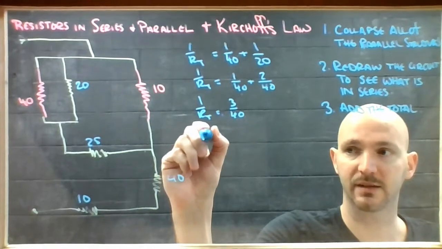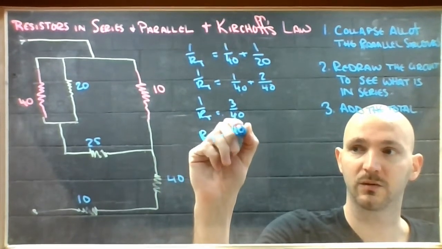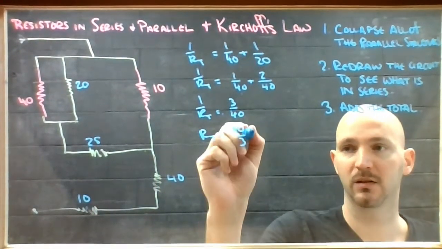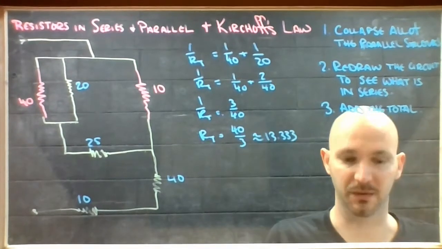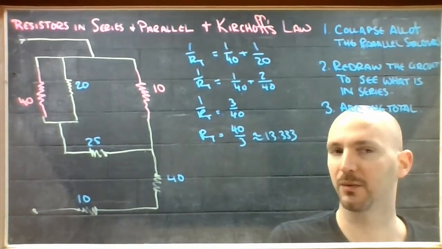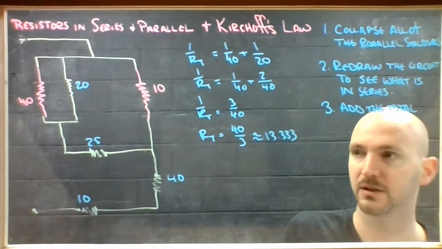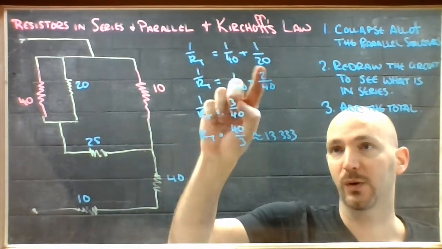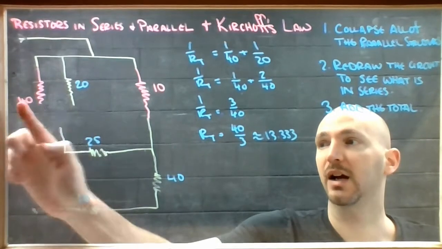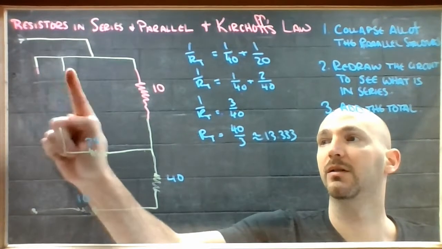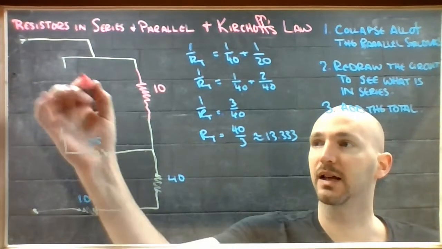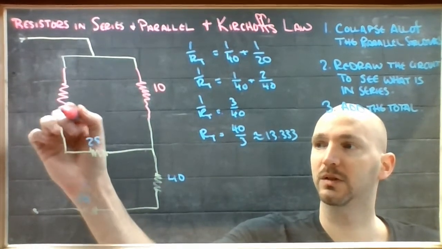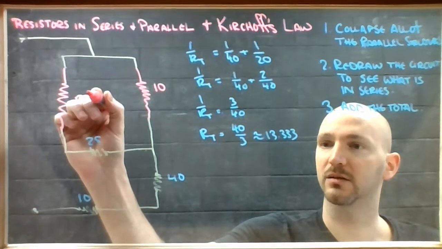Flip both sides. 40 over 3, which is approximately 13.333. I'm just going to keep 3 decimal points. I'm not going to bother with fractions. This is complicated enough. So this 40 and 20 wired in parallel were actually worth the same amount as a 13 ohm resistor.